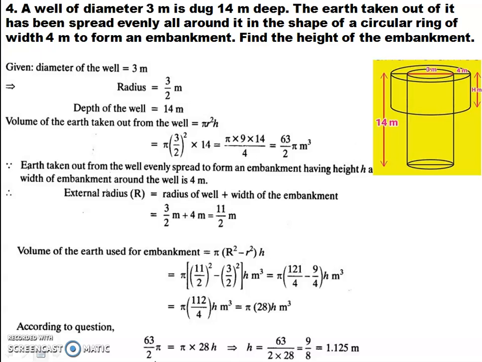So 63 by 2 is equal to 28 into h. So h is equal to 1.125 meter. Hope you understood the question.